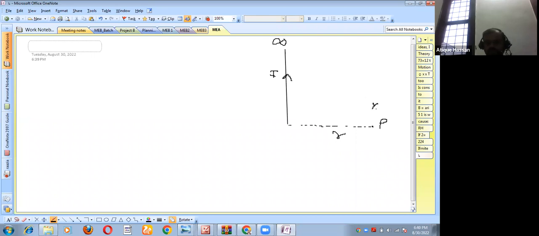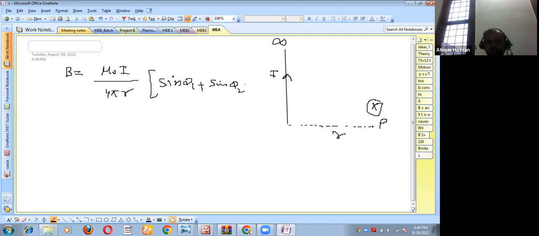Obviously, the direction of magnetic field will be inward, and we know the general formula mu naught I by 4 pi r into sin theta 1 plus sin theta 2.